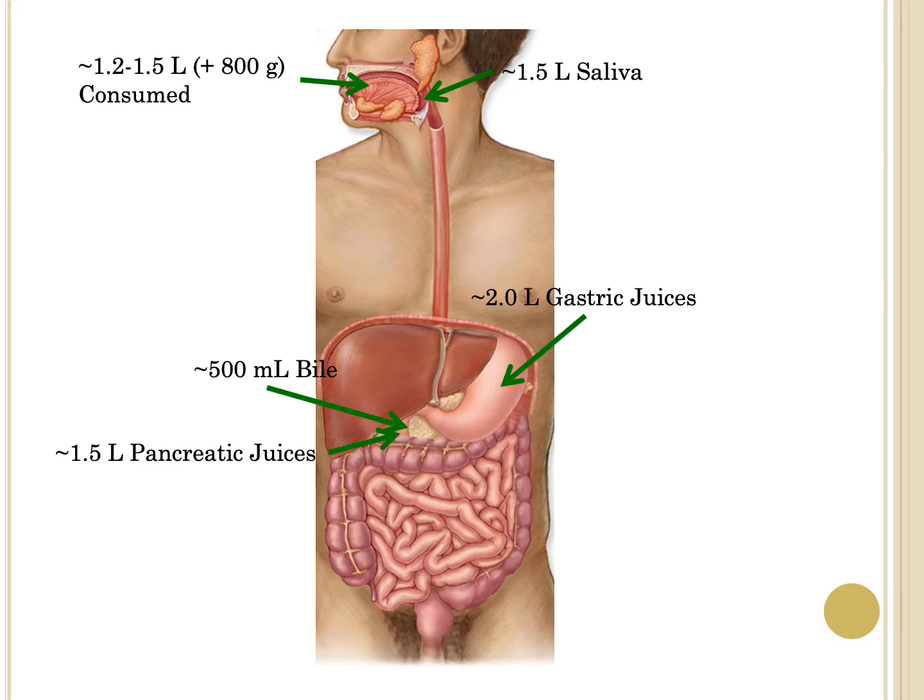If you notice, the volume of gastric juices is equivalent to the volume of bile and pancreatic juices, and that's necessary so that we can neutralize the total amount of material coming into the duodenum from the stomach. We have to do this to protect the intestinal mucosa as well as the tissues of the intestines from the acidity of the hydrochloric acid, in terms of both its pH and its molarity.